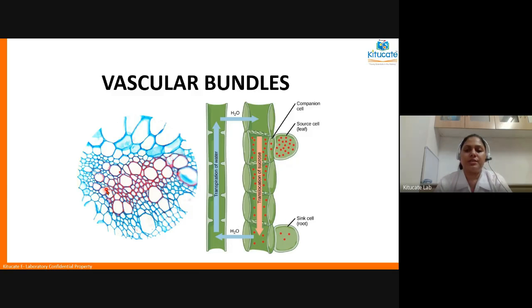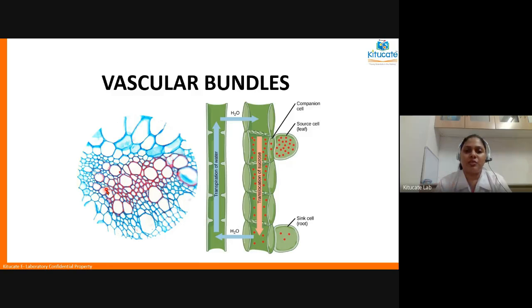So these roots then work towards absorbing the water and transporting it to all the parts of the plants, including the leaves. Now imagine, for this movement of food and for the movement of water, there has to be a really complex mechanism inside. That mechanism is called a vascular bundle.